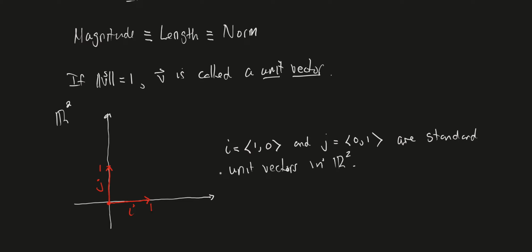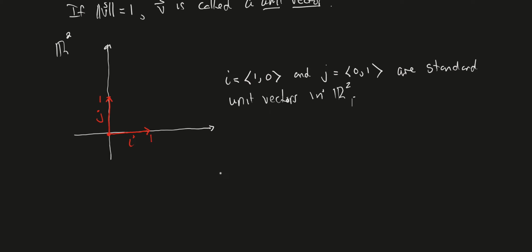Well, it turns out with these two simple vectors, 1, 0 and 0, 1, these two nice binary vectors, we can express every other vector in R2 as what we call a linear combination of I and J. Now, what do we mean by linear combination? And again, this is something that you go deeper into in a linear algebra class, but I'm just going to explain quickly what a linear combination is.